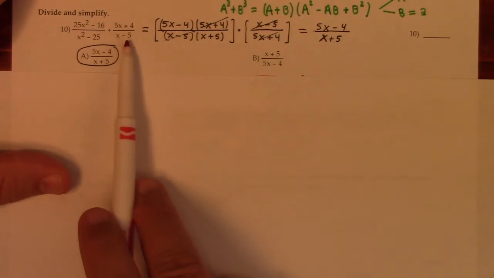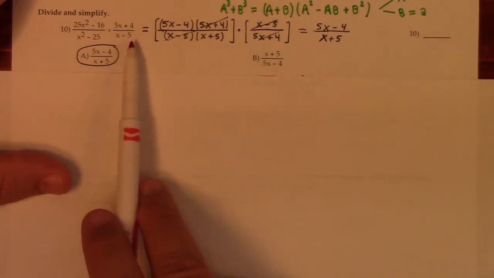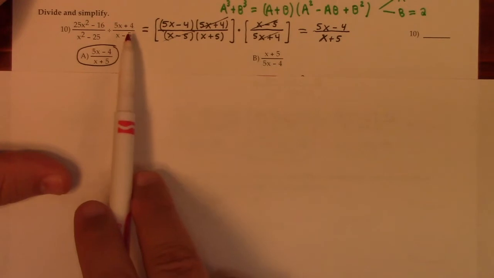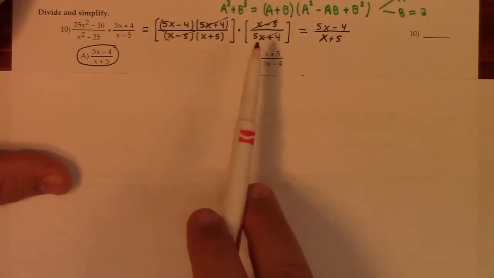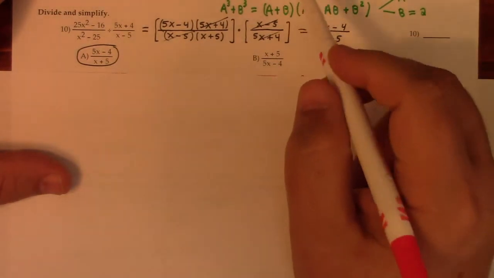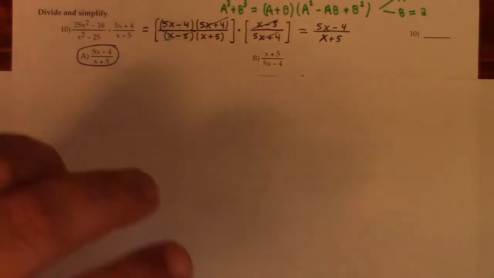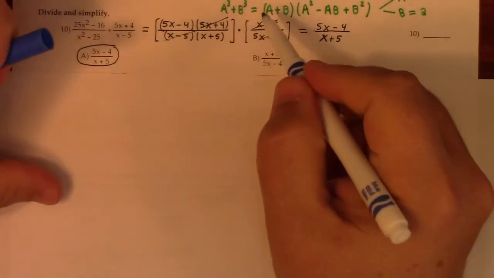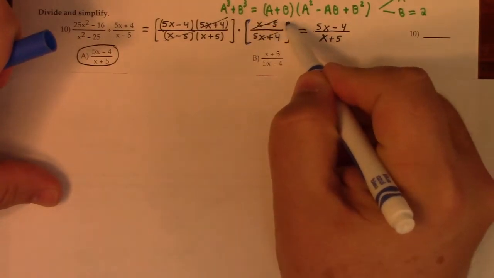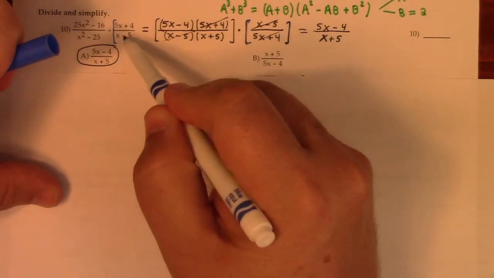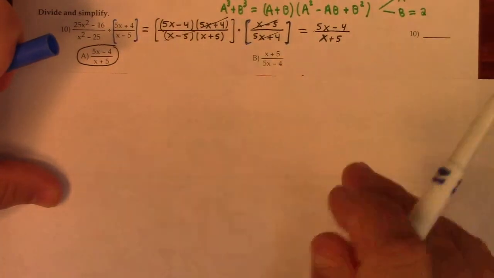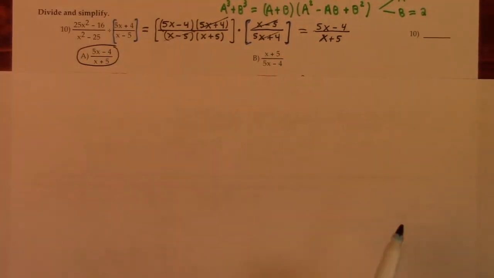So instead of dividing by 5x plus 4 over x minus 5, I can multiply by x minus 5 over 5x plus 4. So this thing right here in the parentheses is the reciprocal of that. Okay? So flip the fraction and multiply is the easy way to do it.